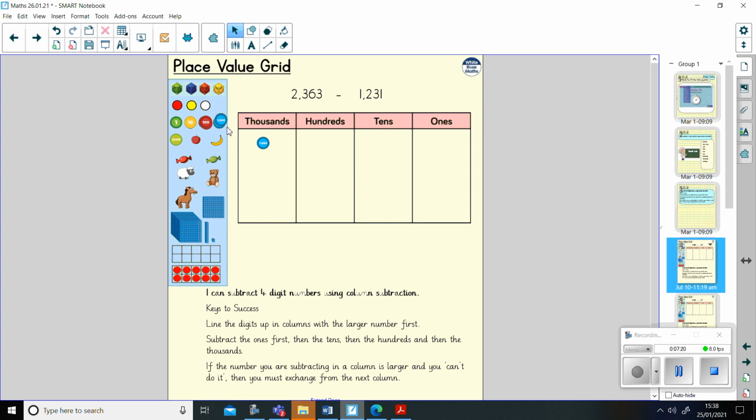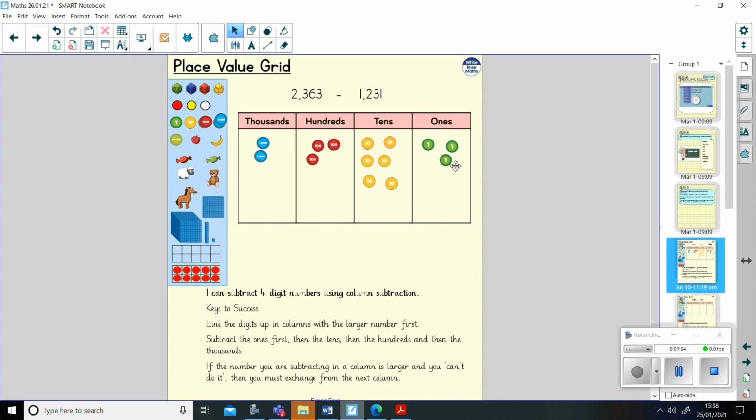So here are my 2,000s, and I've got 300s, I've got 3 tens, and I've got 6 ones. So I've started with my larger number.